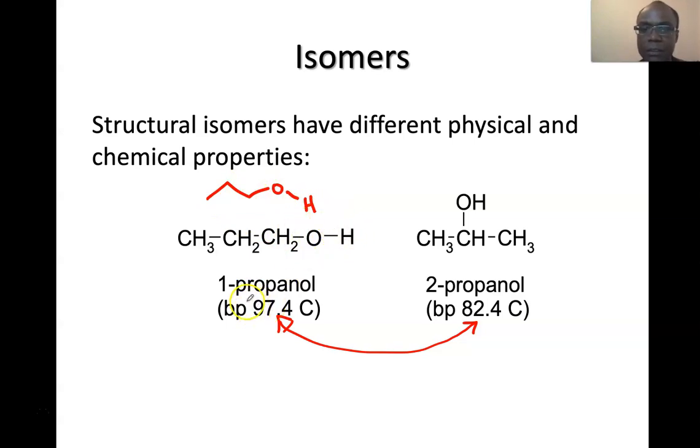The boiling point is 97.4 degrees. But 2-propanol, which is the isomer of 1-propanol, has a boiling point of 82. In fact, you should note that branching decreases boiling point and melting point. I said that before. Branching means you have something popping out of the longest carbon chain.